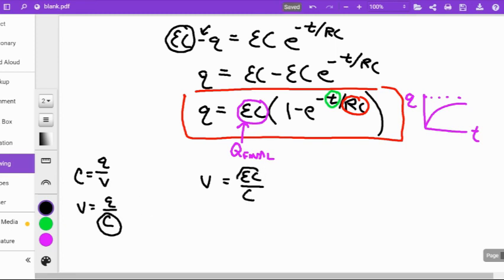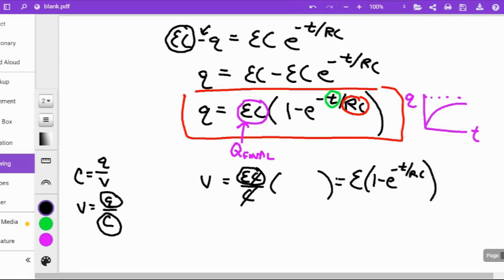So charge from up above divided by capacitance gives me voltage. Cancel, cancel, times stuff, that gives me E times 1 minus e to the negative t over RC. So that's super easy. That's your function that tells you that the voltage also does that sort of a dance.